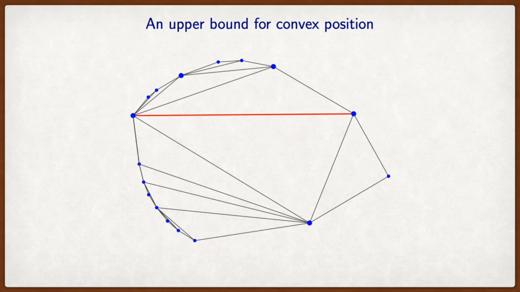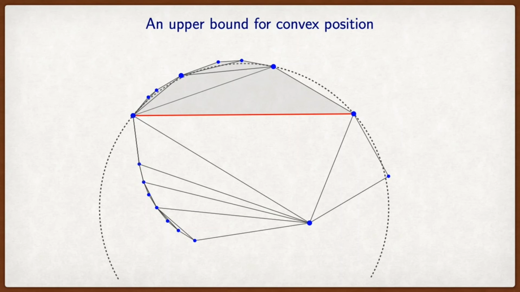Now, we consider an illegal edge with a particular property, such that one of the subtriangulations defined by the particular illegal edge, in this case the red one, and the triangulation given in the gray area, is the Delaunay triangulation of such subset of the point set.